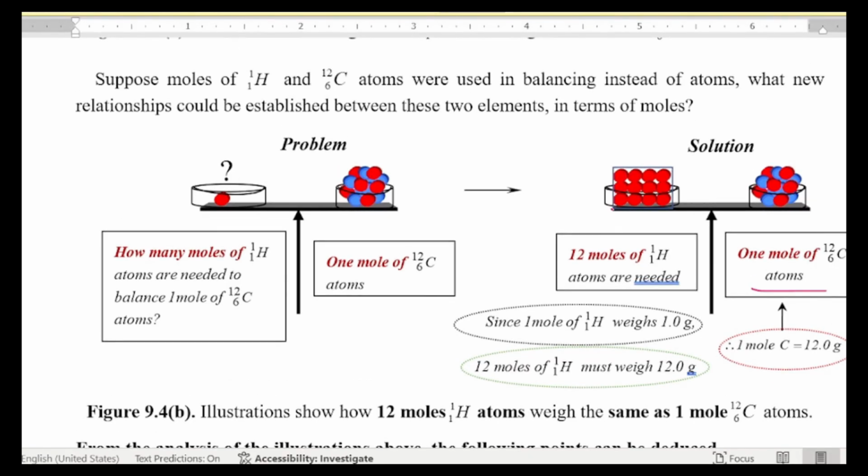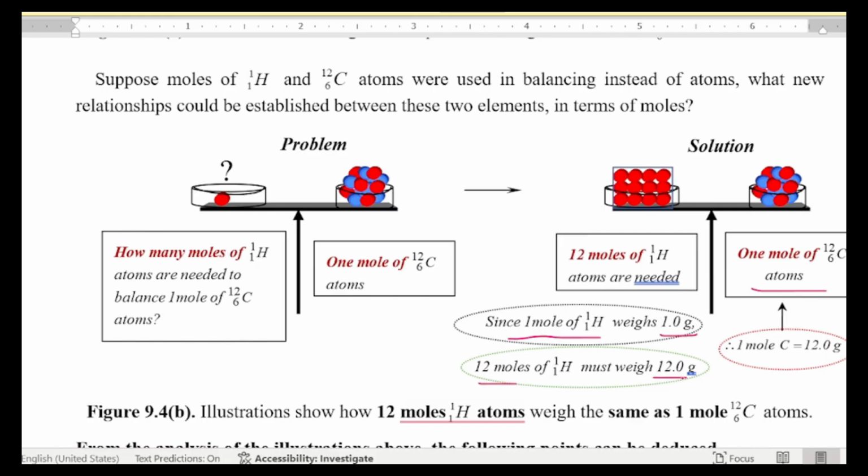That is why we need 12 moles of hydrogen, which will weigh 12 grams, to weigh the same as 1 mole of carbon atoms. 1 mole of hydrogen weighs 1 gram, and we're using 12 moles. That must translate to 12 grams.